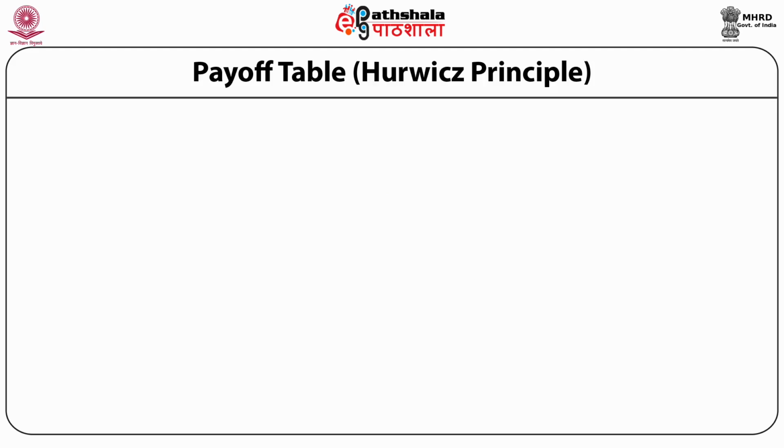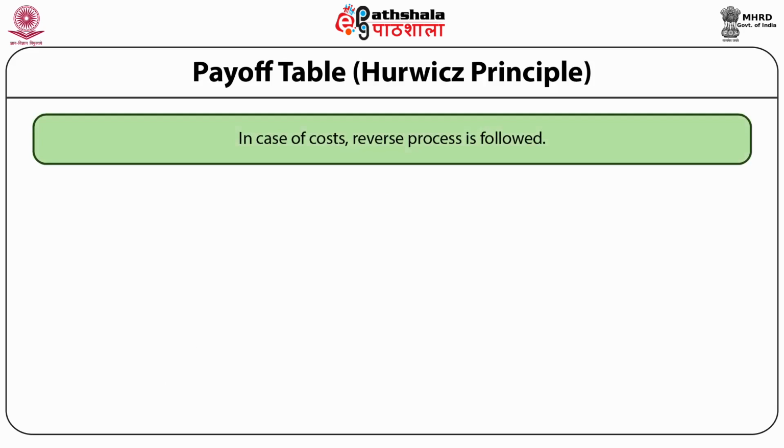This principle can also be used when we are given costs. In case of costs, obviously we will follow a reverse process. Instead of preparing a payoff table, we will prepare a cost table, and maximum and minimum cost for every alternative is considered.